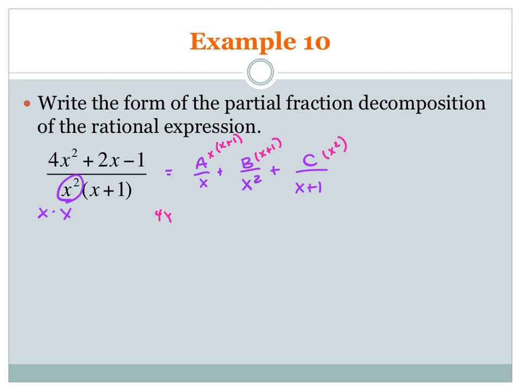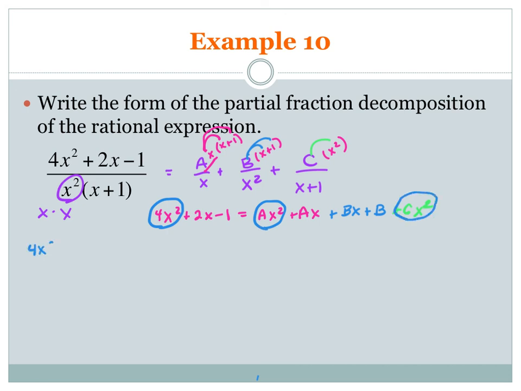So it would be 4x squared plus 2x minus 1 equals Ax times x, so Ax squared, Ax times 1 plus Ax, plus B times x, and then B times 1, plus C times x squared. And we can't do the original method where we plug numbers in to cancel out because there's a repeated factor, which means I'm going to group together all the x squareds.